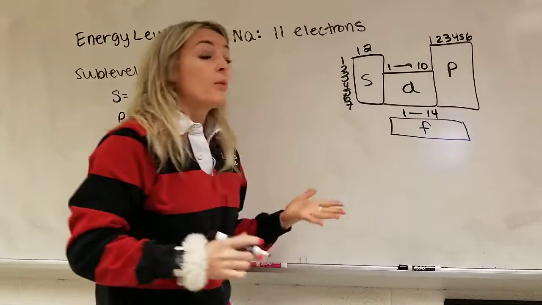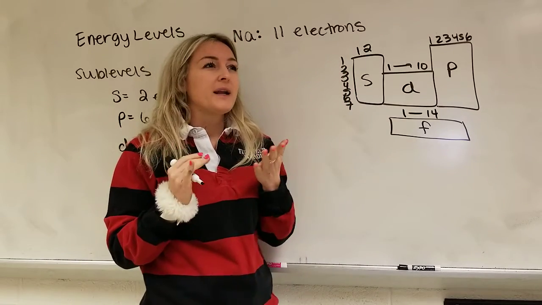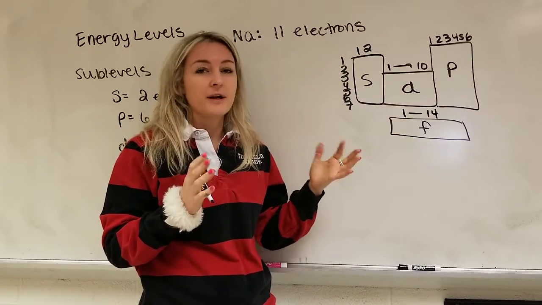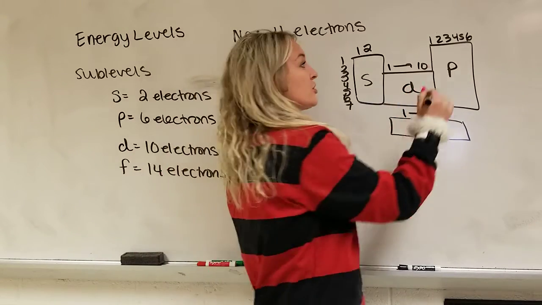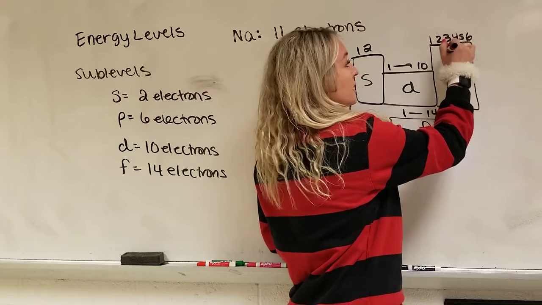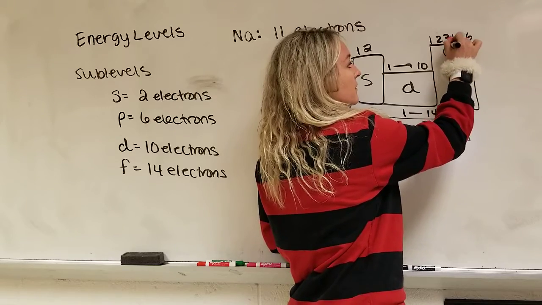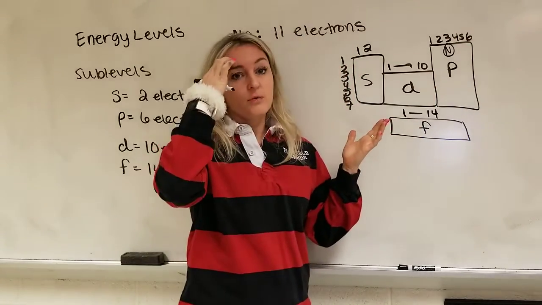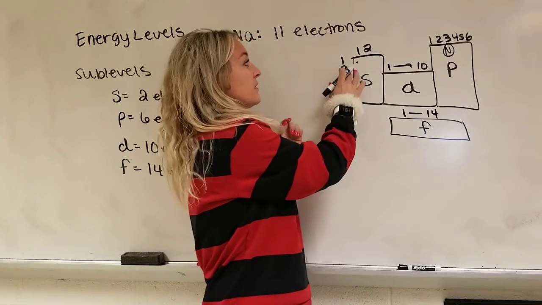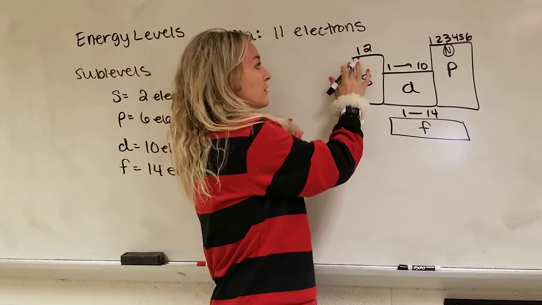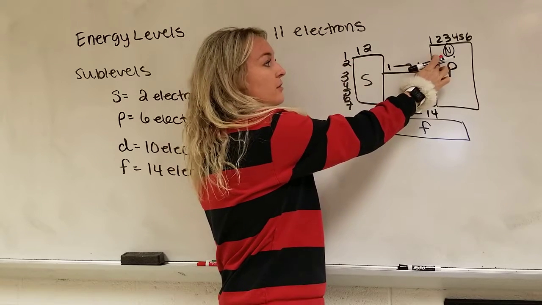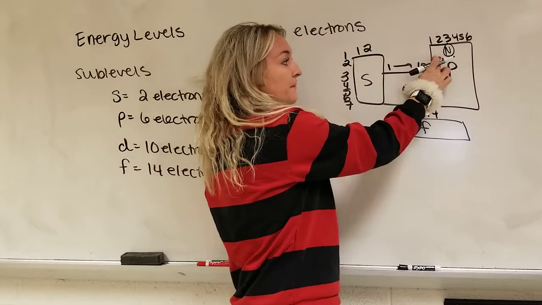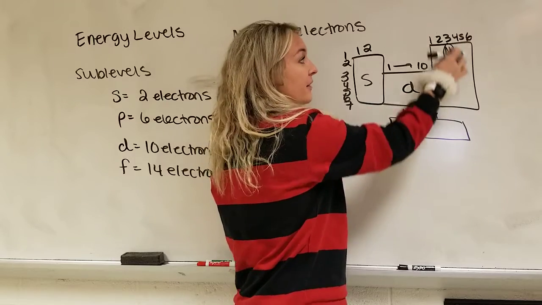Okay. So what we're going to do is almost think about it like playing Battleship. So if I take nitrogen, which is right here, nitrogen, which is right at the top, it's in 2, it's the second row over, so it's going to be 2, then P, then 3.